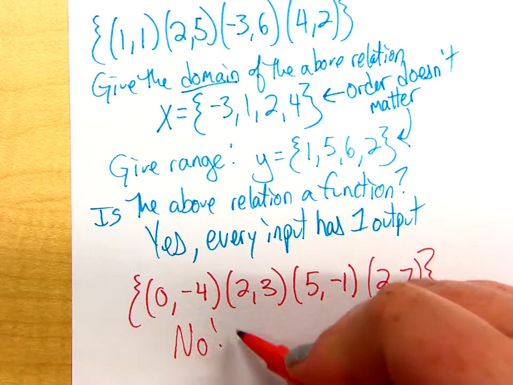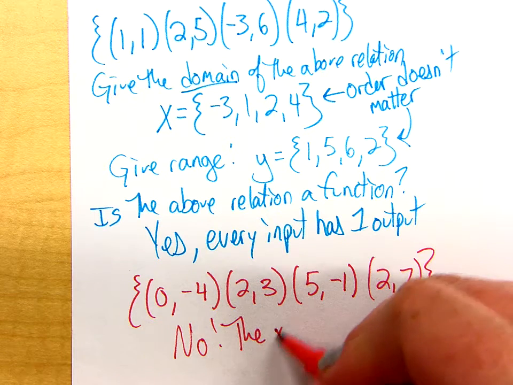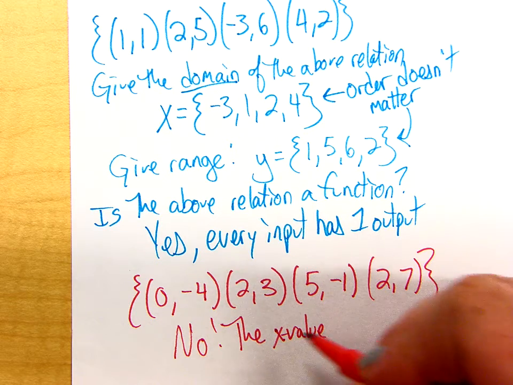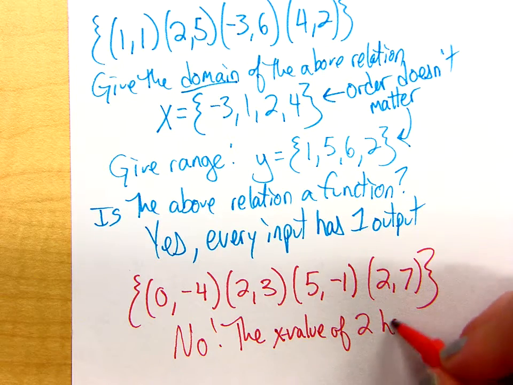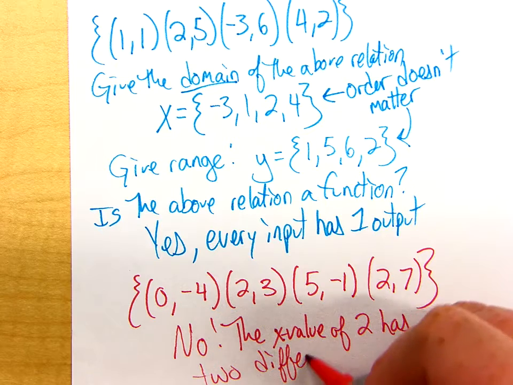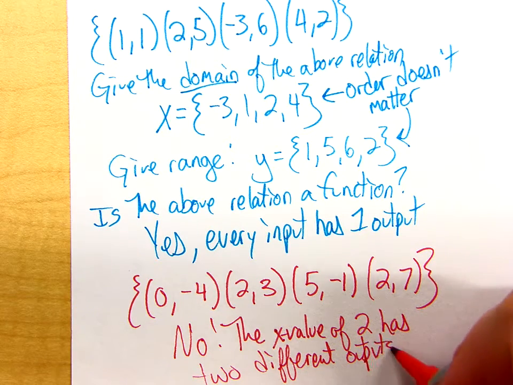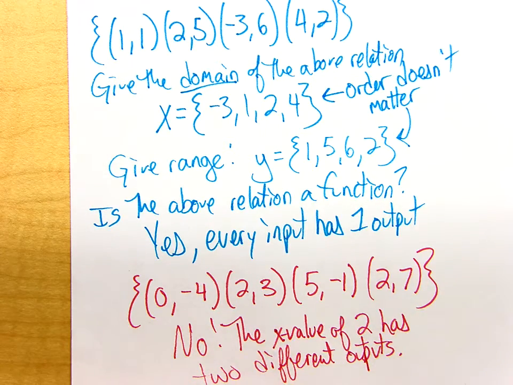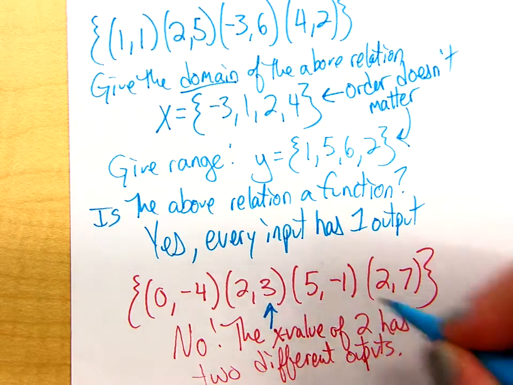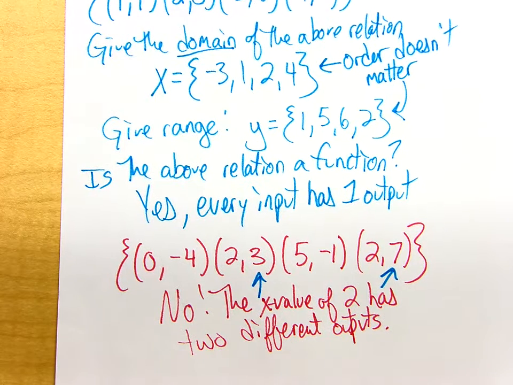The x value of 2 has 2 different outputs. So that's why that thing is not a function.